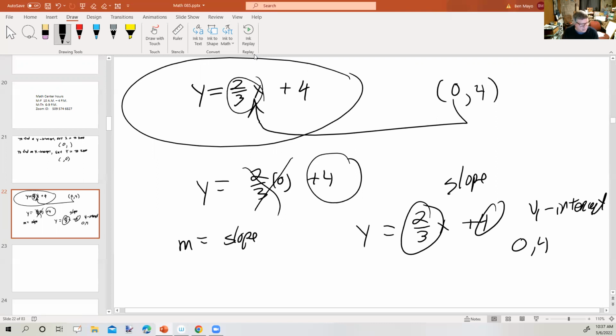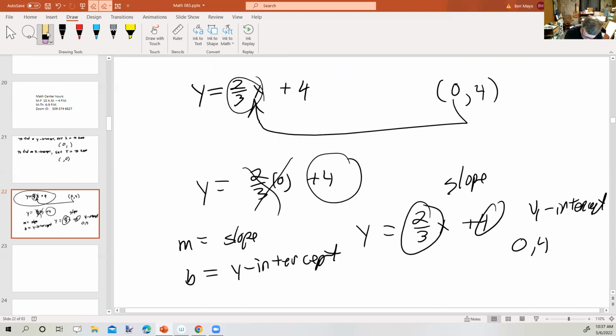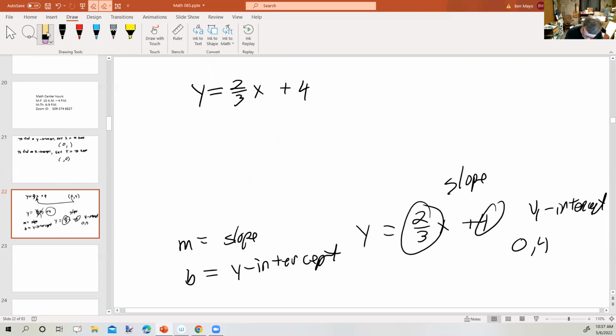I don't know why, but mathematicians decided that the letter b was going to stand for the y-intercept. So for this particular equation, the slope is 2/3, the y-intercept is 4.